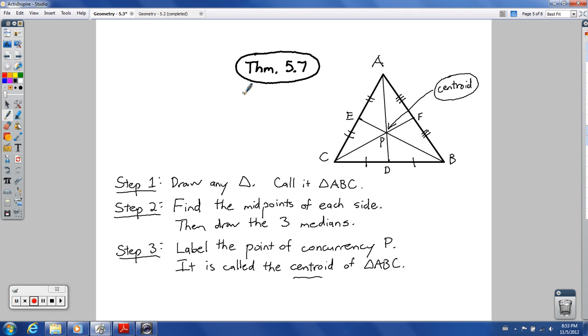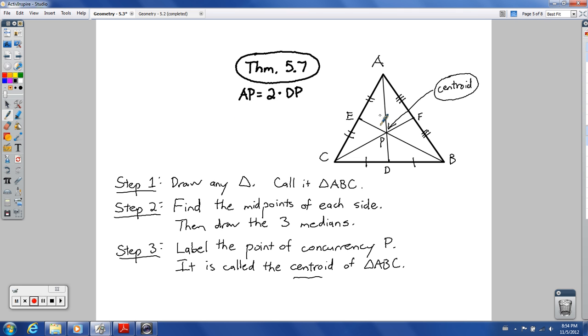This always ends up being true. So we can say that AP, the book writes it a little different with fractions. I think this is a little easier way to think about it, but you can think about it the fraction way too. Whatever way you understand better, go ahead and use that. This is on page 279. I think it's easier to not deal with those fractions.